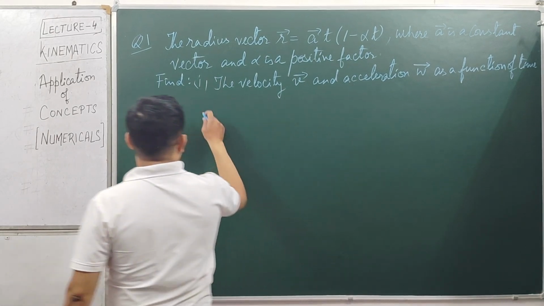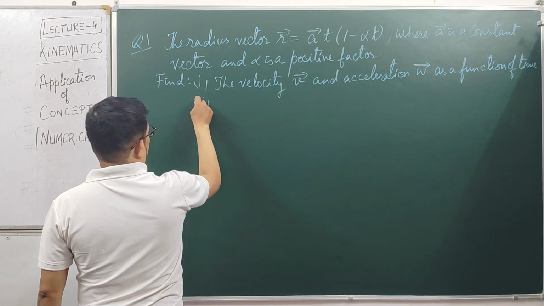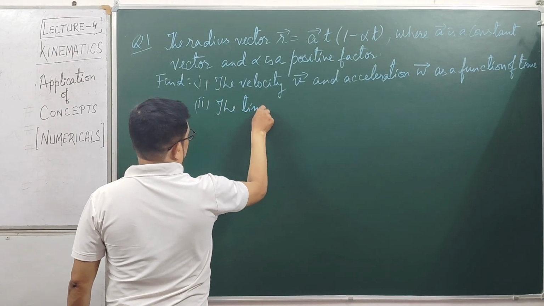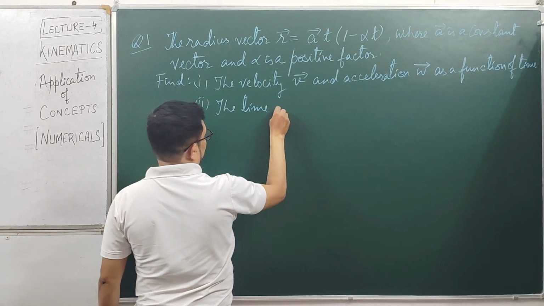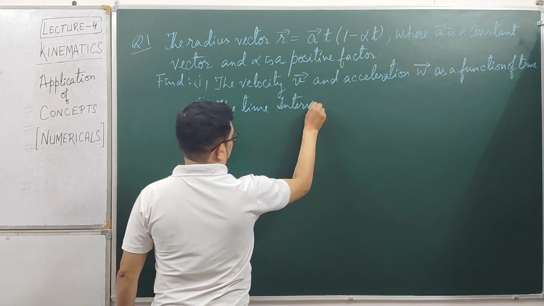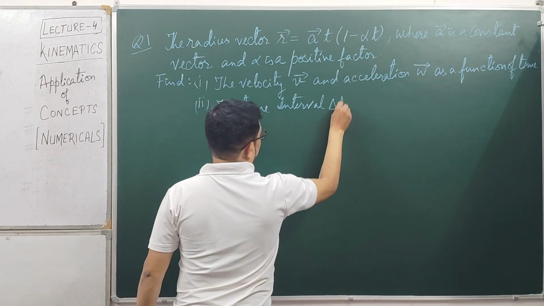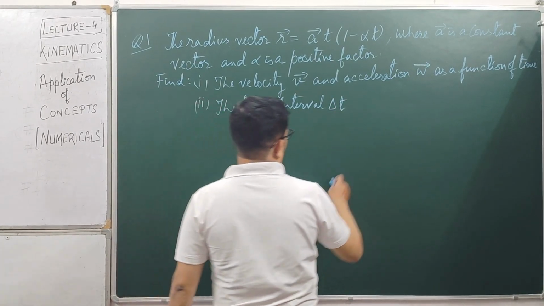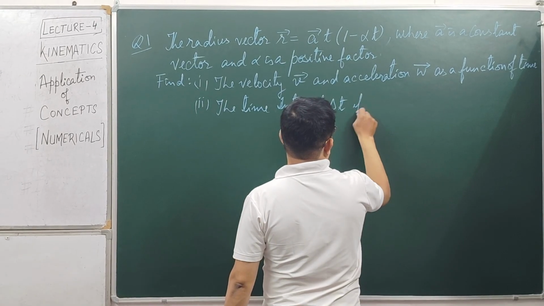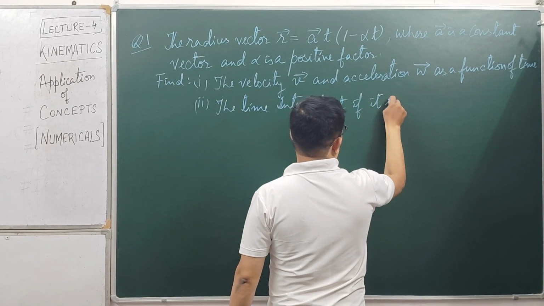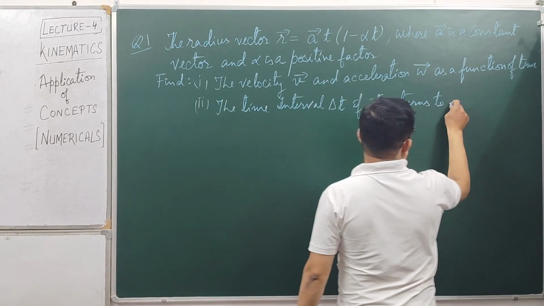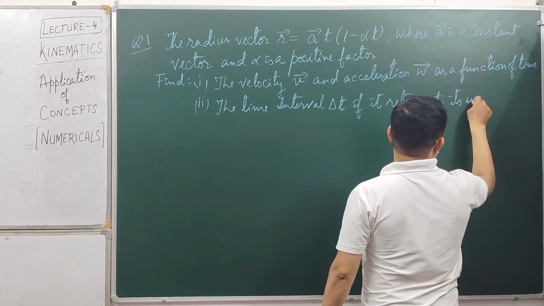The second part of the question says, find the time interval delta t if it returns to its initial position.